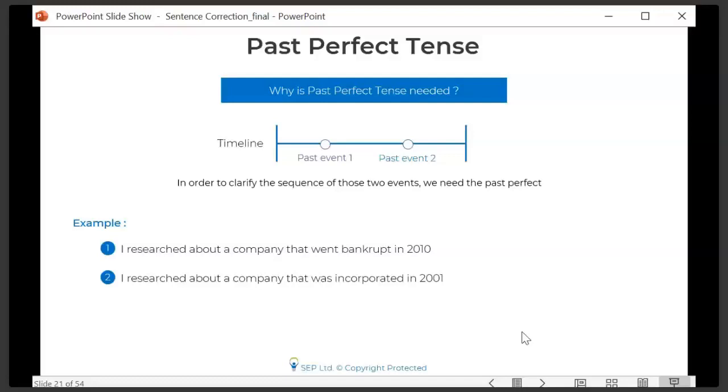Now, let me ask you, how many of y'all, let me start the poll once again, reset the poll. All right. So how many of y'all believe that statement 1 is incorrect?